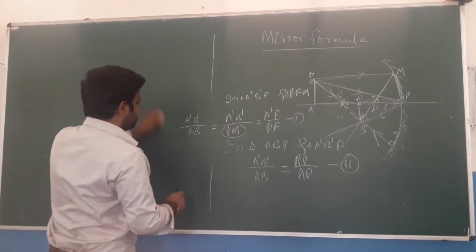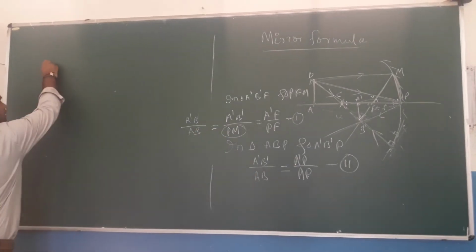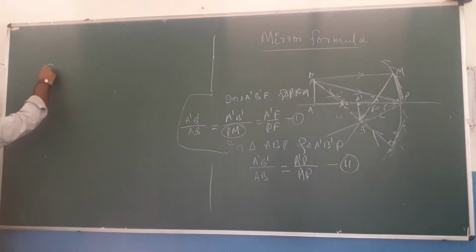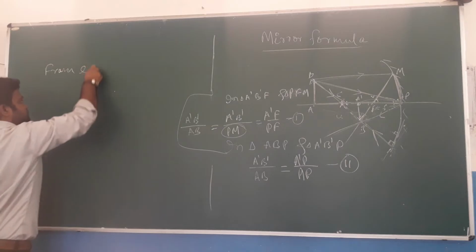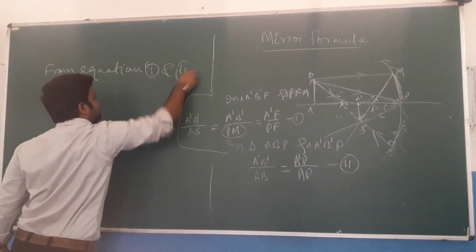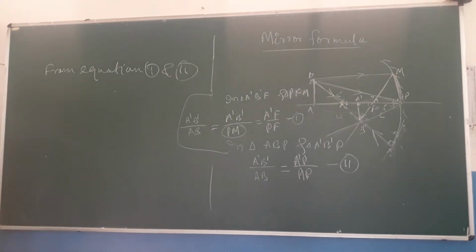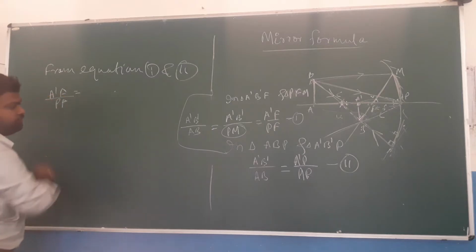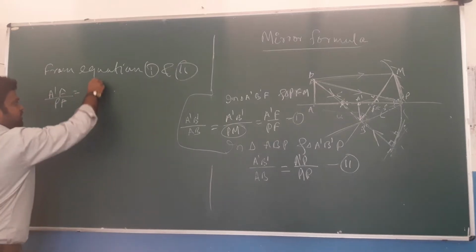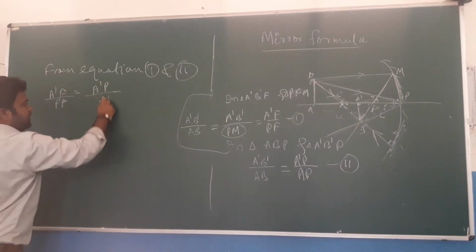So from equation 1 and 2, we can write that A'F by PF is equal to A'P by AP.